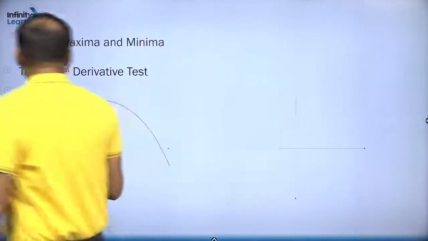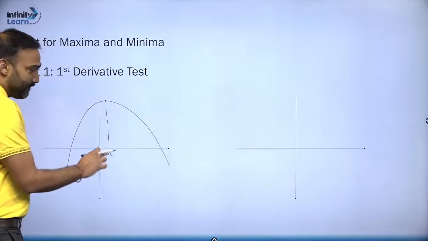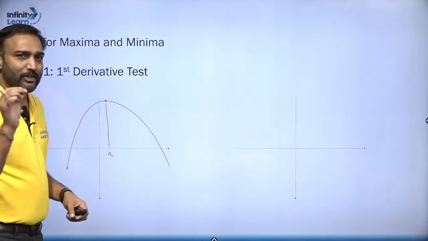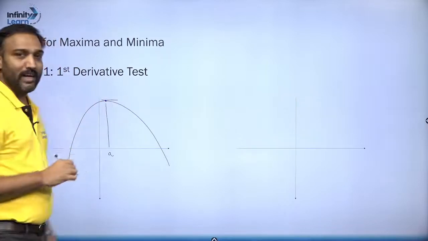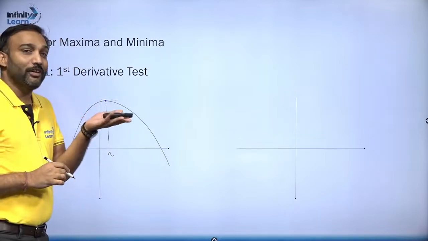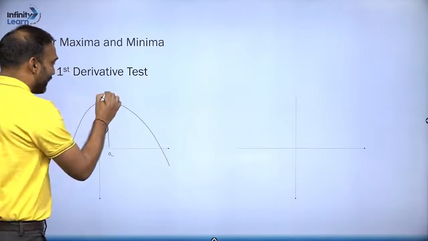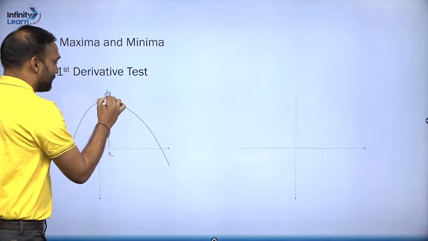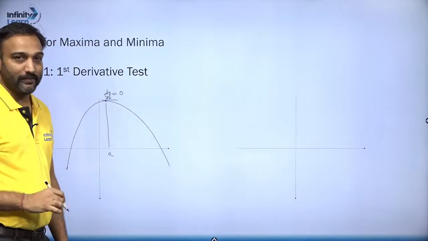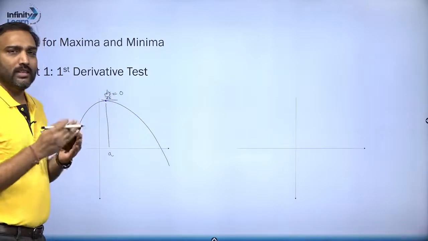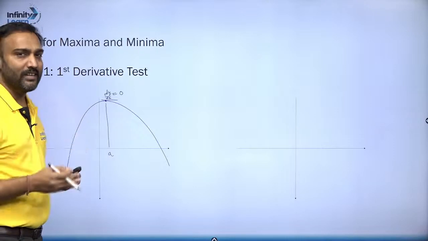So if I observe over here at the point A, when you have a local maxima, the tangent would be like this, right? A horizontal line, and for a horizontal line the slope will be 0. So I can say dy by dx would be 0 at x is equal to a. Now let us talk about a point slightly higher than a.